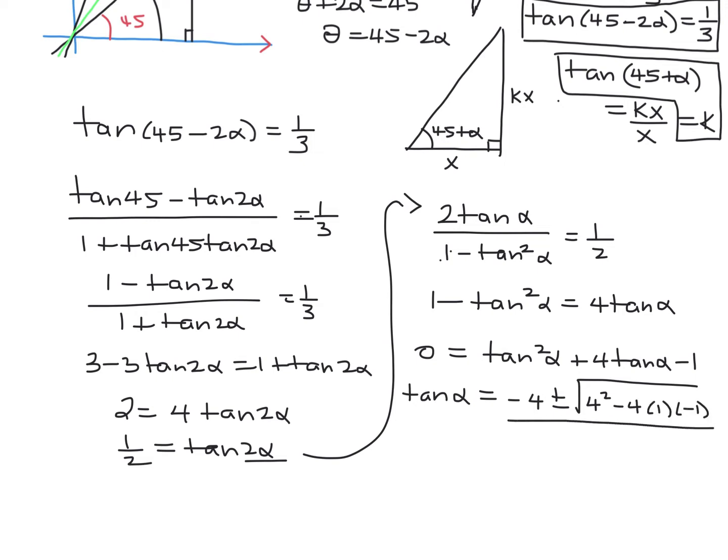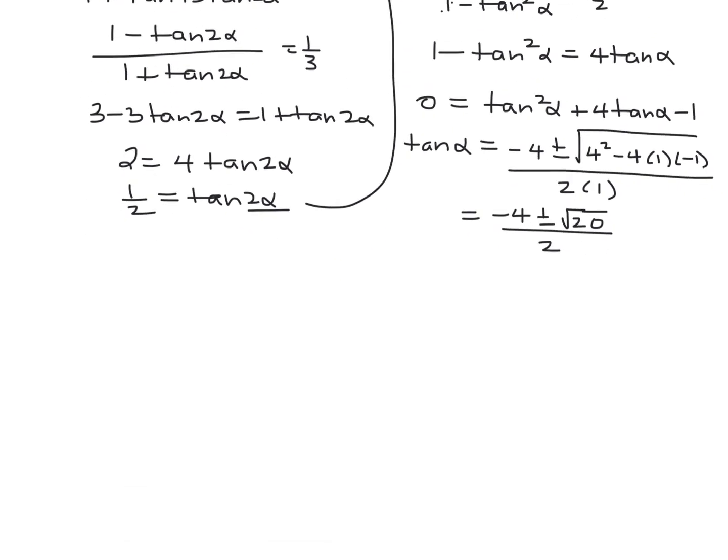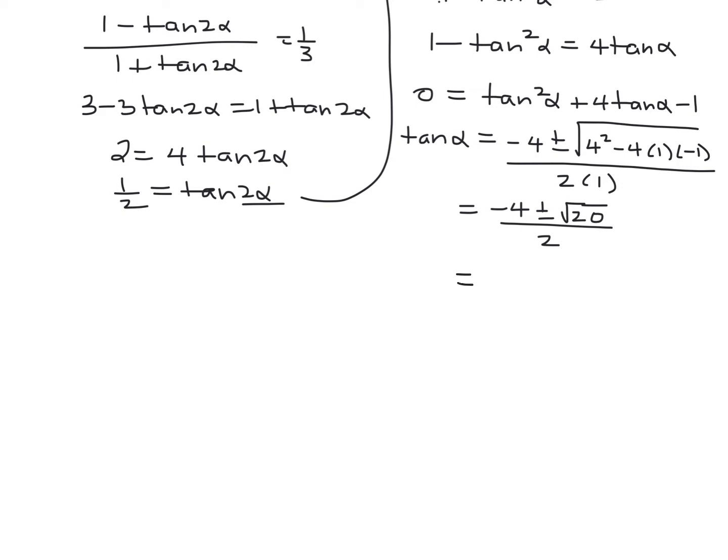All over 2a. So this looks like minus 4 plus or minus root 20 all over 2. Okay. So that looks like to me minus 4 plus or minus 2 root 5 over 2. So that's minus 2 plus or minus root 5. Oh, we got 2 answers.